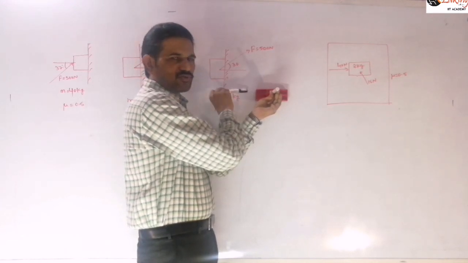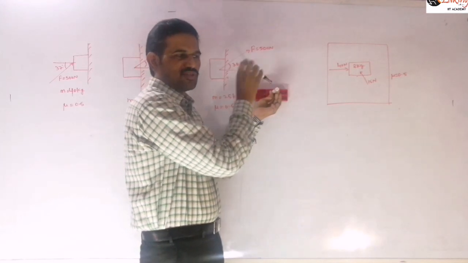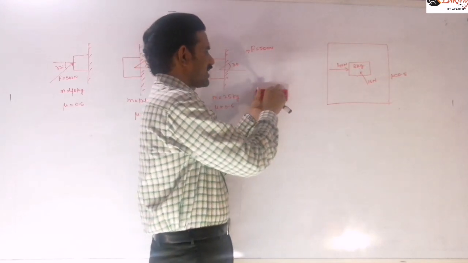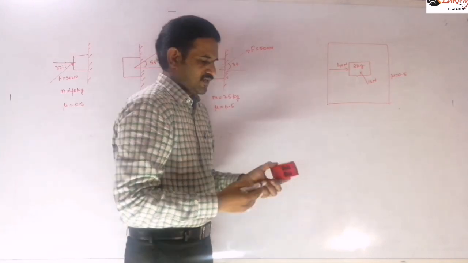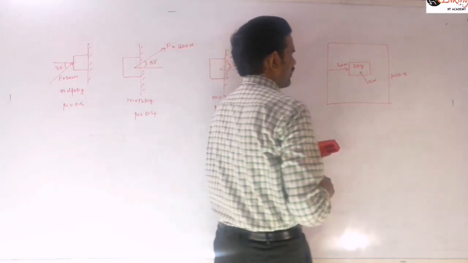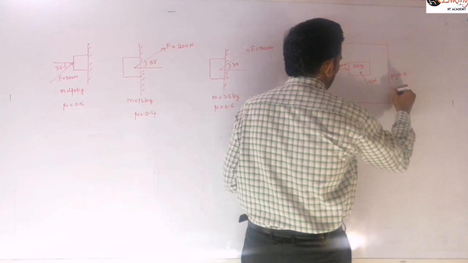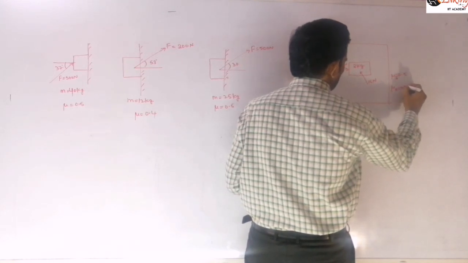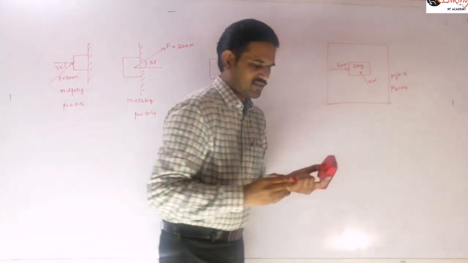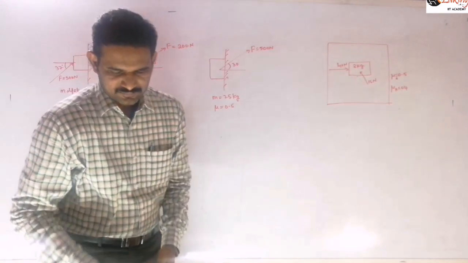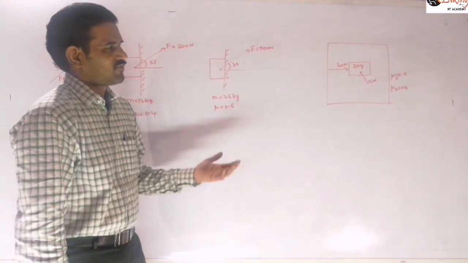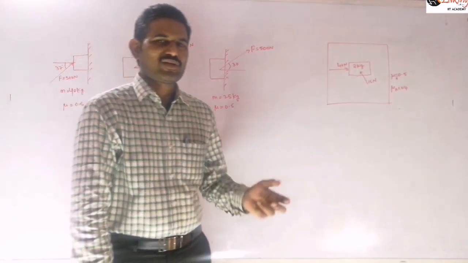Under the action of these two forces we need to decide the magnitude and direction of the frictional force. Let us take this as the coefficient of static friction, and I am taking the coefficient of kinetic friction as 0.4. We need to decide whether there is acceleration, and if not, what will be the magnitude and direction of the frictional force.